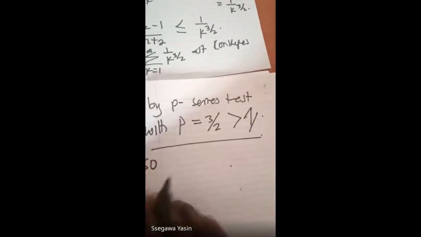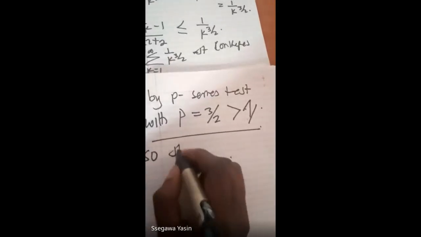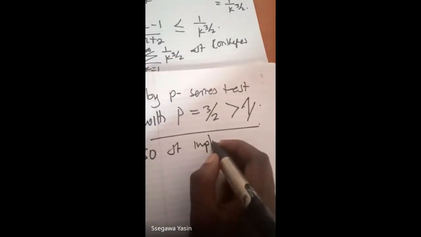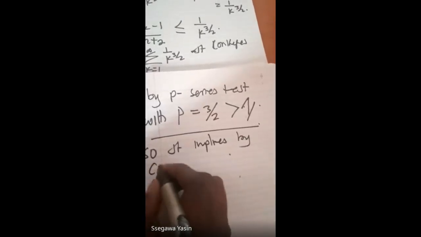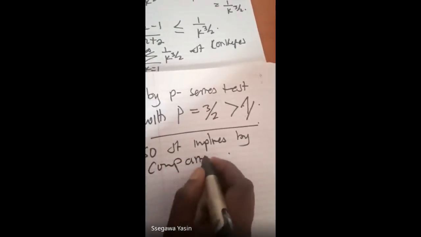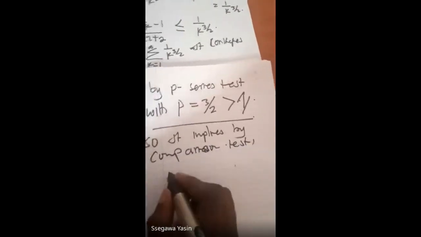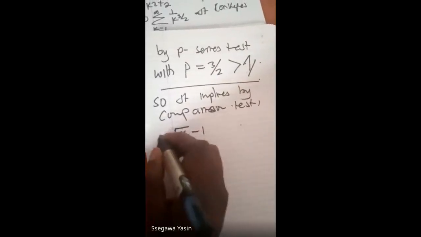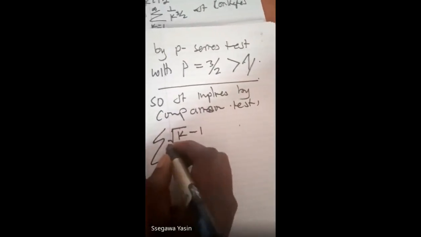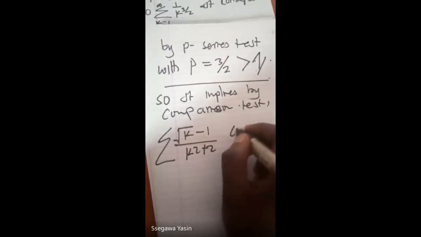So it implies that by the comparison test, this sum of root of k minus 1 over k squared plus 2 converges.